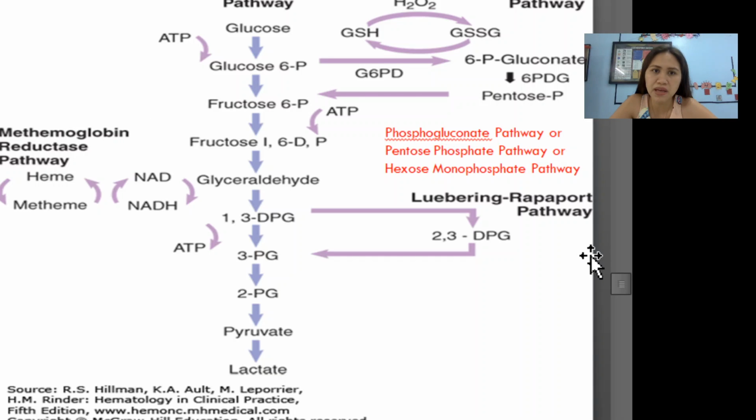I expect you to explain the pathway systematically, mentioning the Embden-Meyerhof pathway, the hexose monophosphate pathway, the methemoglobin reductase pathway, and the Luebering-Rapoport pathway, down to the last step.